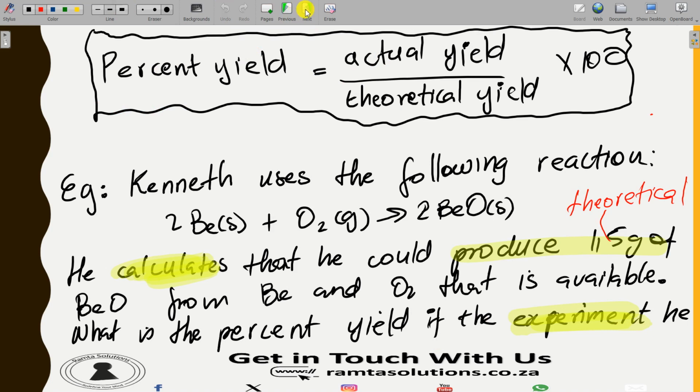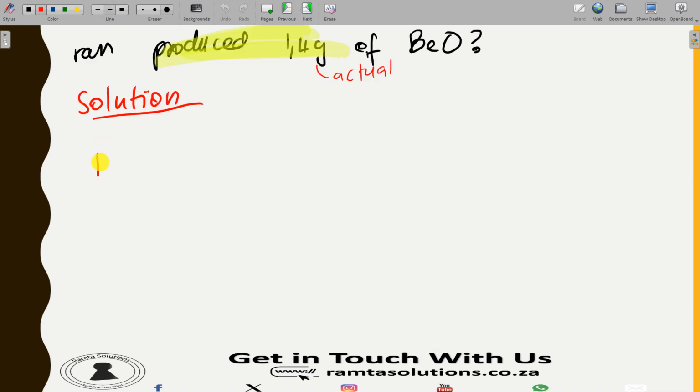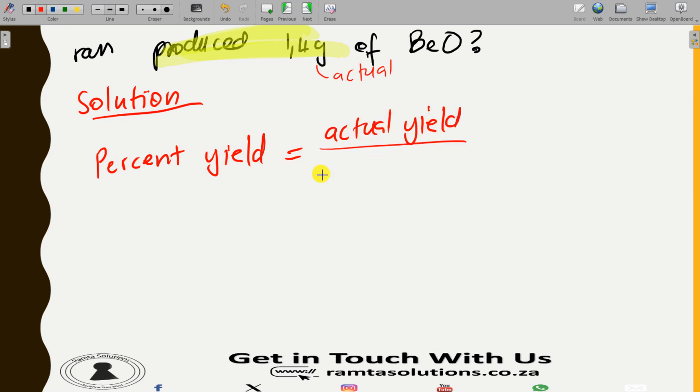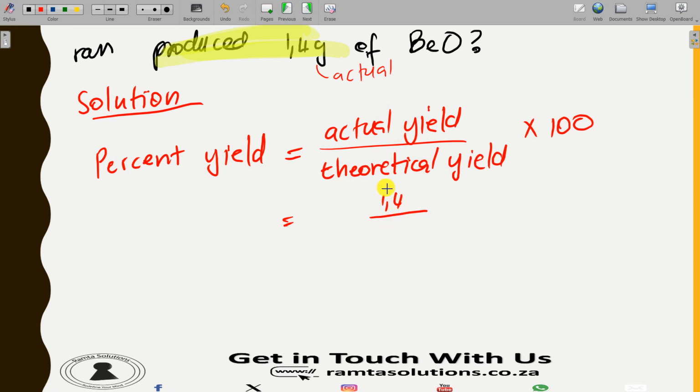Now let's get our answer. So percent yield is equal to actual yield over theoretical yield, all multiplied by 100. What is actual yield?